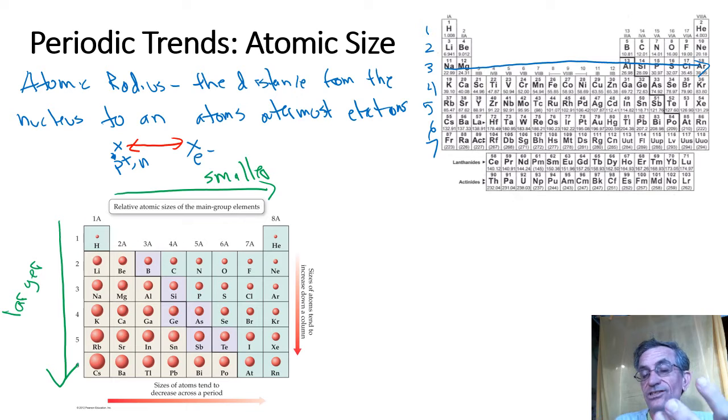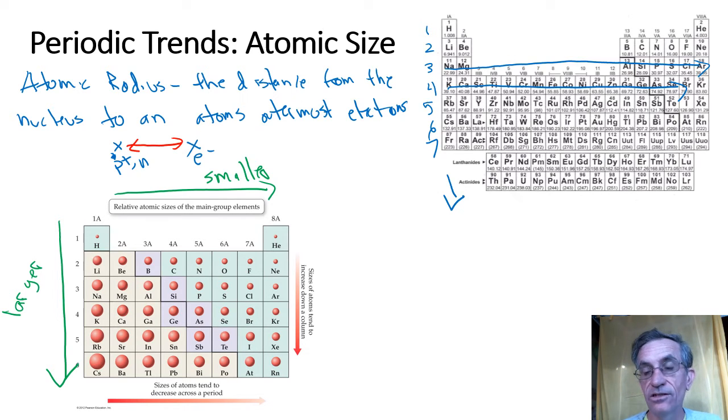Those protons pull the electrons in, and that actually shrinks the size of an atom. When we go to the next row down, though, we start using a further away shell. And then as we go across, the shell stays the same, but it gets pulled in a little bit because we're adding more and more protons as we go across. So that's the reasoning behind that.